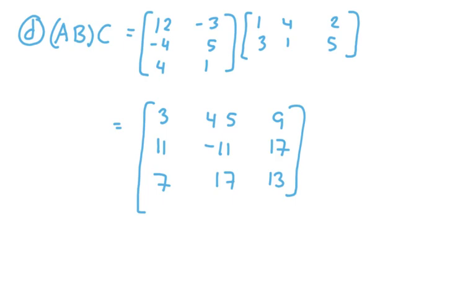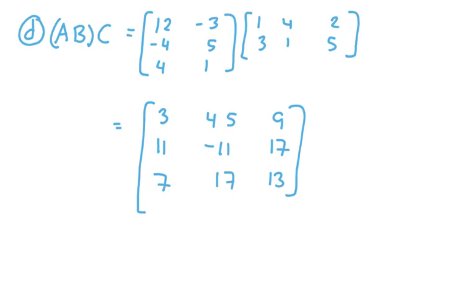And I'm going to multiply by matrix C. Matrix C is 1, 4, 2, 3, 1, 5. When I multiply those matrices, I get the matrix 3, 45, 9, 11, negative 11, 17, 7, 17, 13.